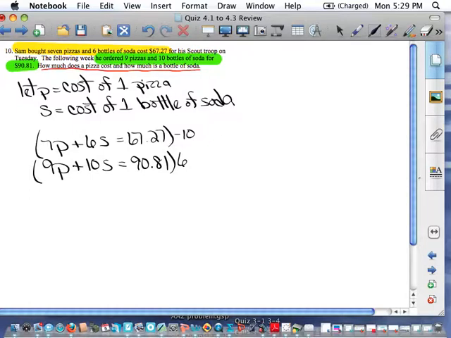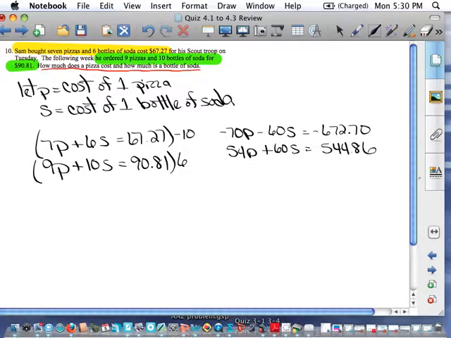So I have negative 70p minus 60s is equal to negative 672.70. The second equation, I'll have 54p plus 60s is equal to 544.86.